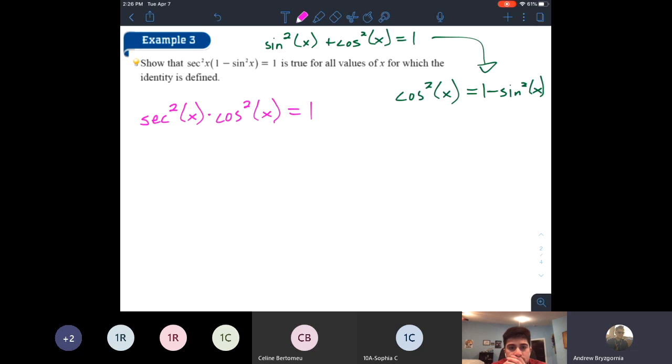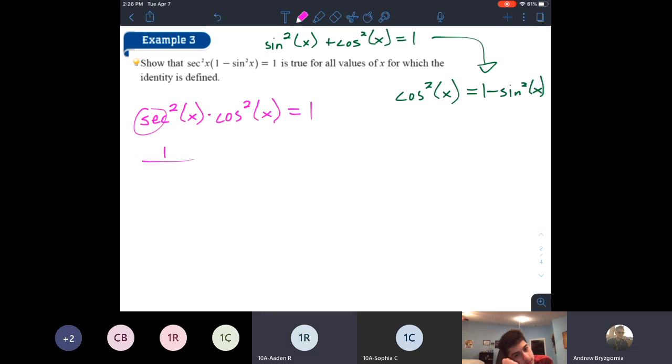Okay, then what is secant squared equal to? And I'm not looking for the Pythagorean identity. I'm looking for the fraction that can be the same as secant. One over sine? No. It's 1 over something, but it's not sine. Cosine? Cosine, there we go.